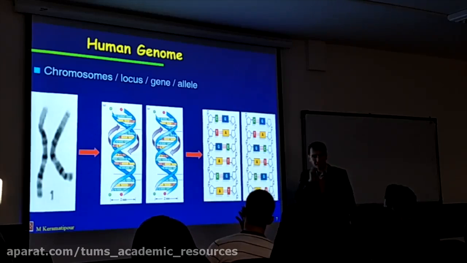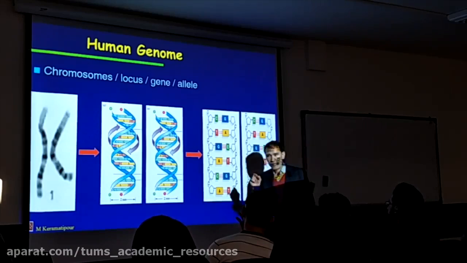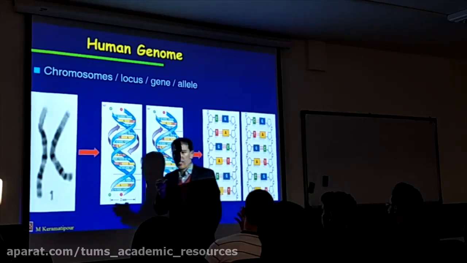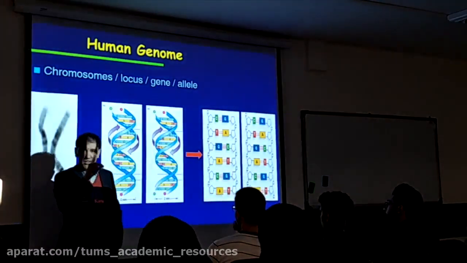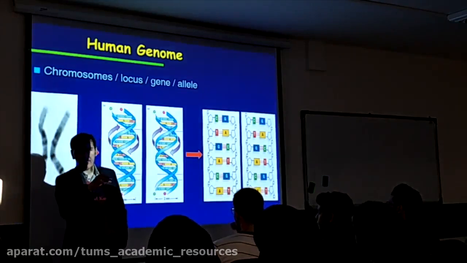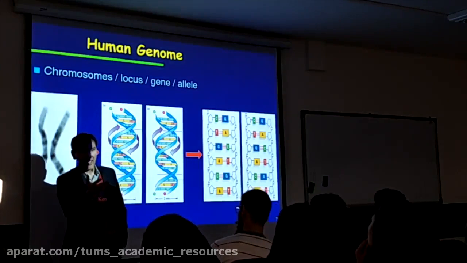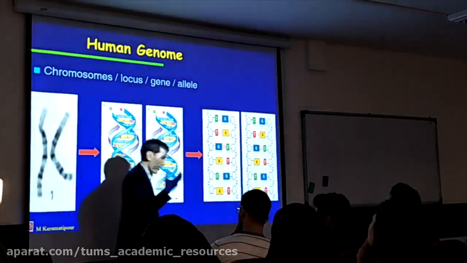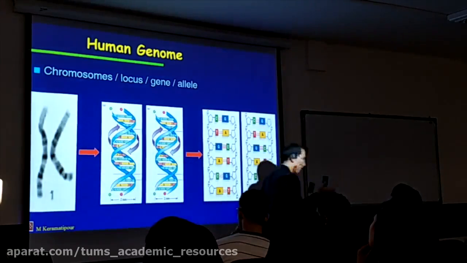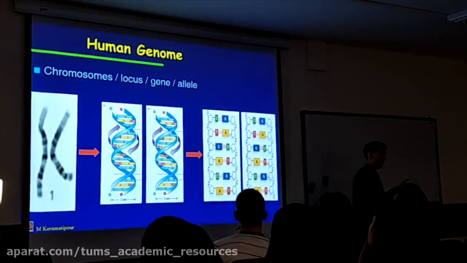But this is exactly the same position. So it's possible to have 2 different nucleotides, exactly at the same position on different chromosomes. And that is basically the genetic changes, or genetic variants, which produce different alleles.